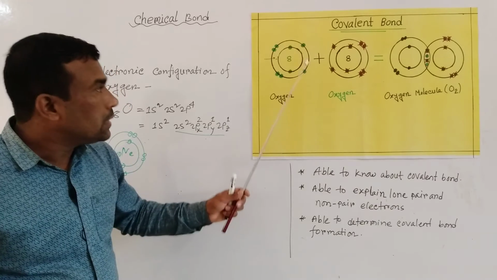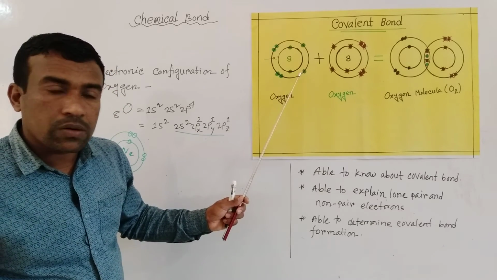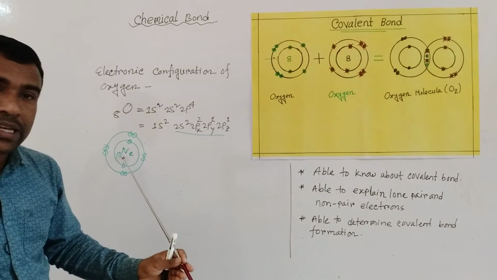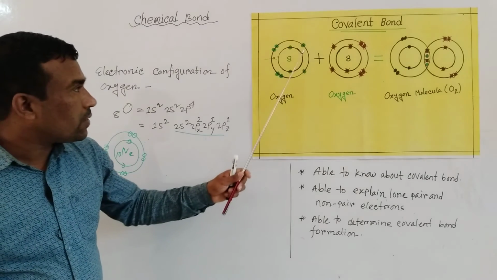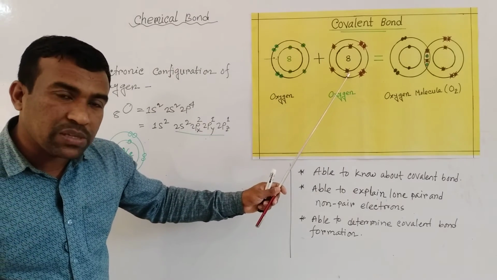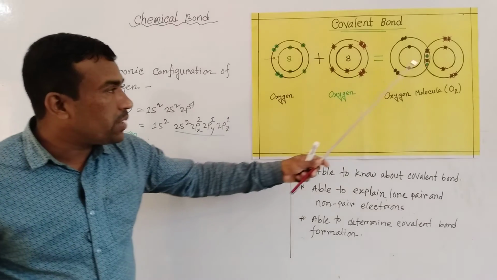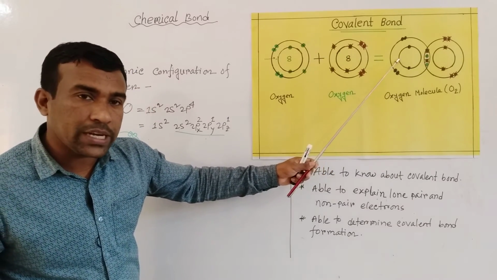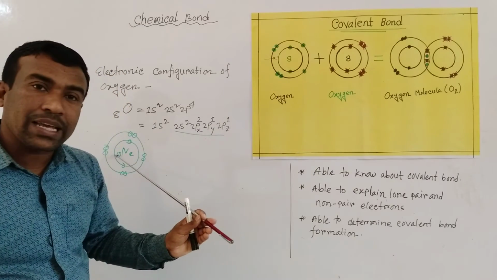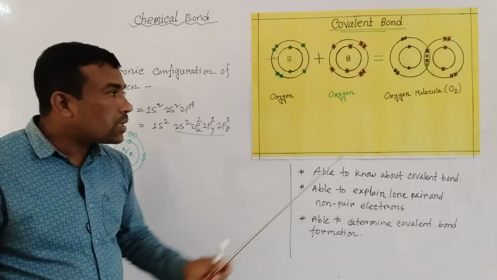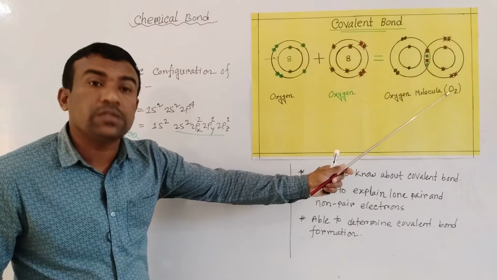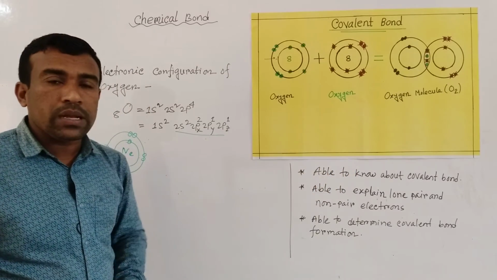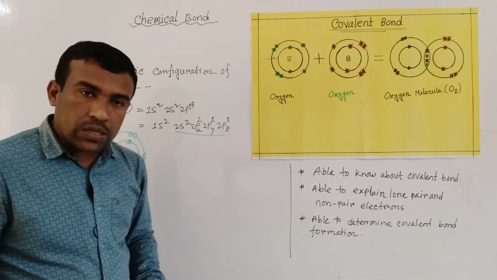That is why they have a tendency to accept the electronic configuration of their nearest inert gas like neon. So both join together by sharing electrons and also get the stable electronic configuration of their nearest inert gas like neon. By this process, the oxygen molecule is formed. This bond is called covalent bond, and this molecule is called covalent molecule.